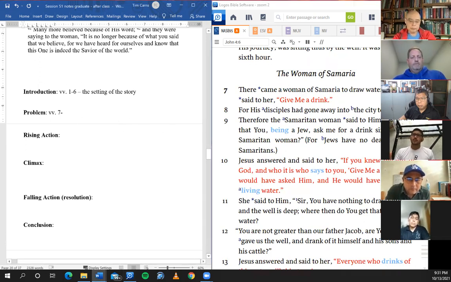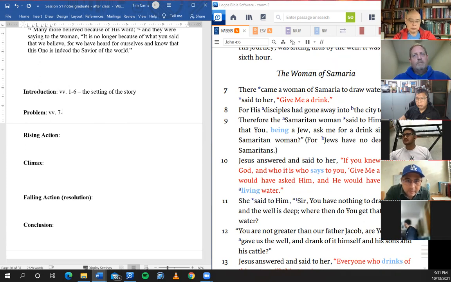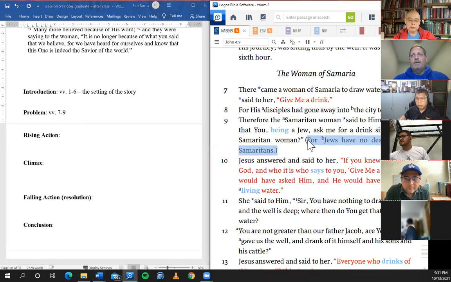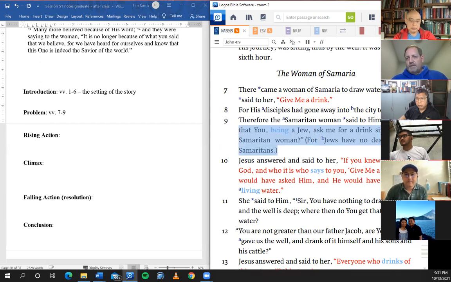I think, Pastor, that the problem would be specifically verse 9. Yes, Pastor. For Jews have no dealings with Samaritans, and even the woman's acknowledgement of that.